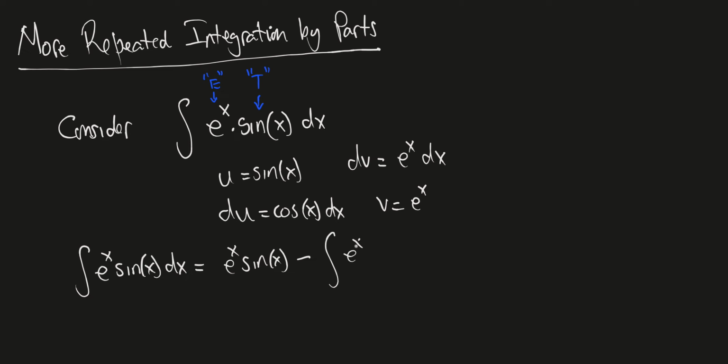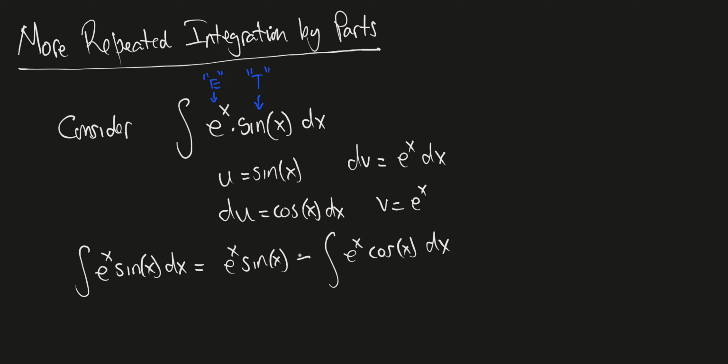Well, let's see what we've done. So we started with the integral of e to the x times the sine of x, and then we converted it into another problem where we have the integral of e to the x times the cosine of x. Not much has improved, right? Again, it's still a product. It's just a slightly different trig function.